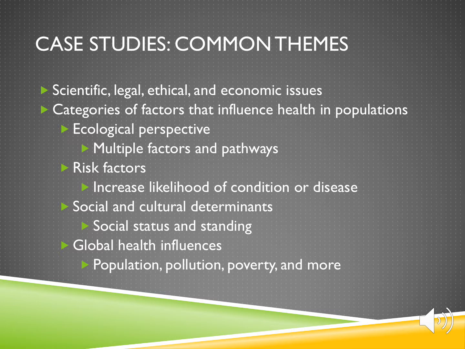Assessing risk factors, we determine their increased likelihood of causing a certain condition or disease. And essential to public health practice today are social and cultural determinants, such as the social status and standing. And we look toward global health influences like population, pollution, poverty as examples.